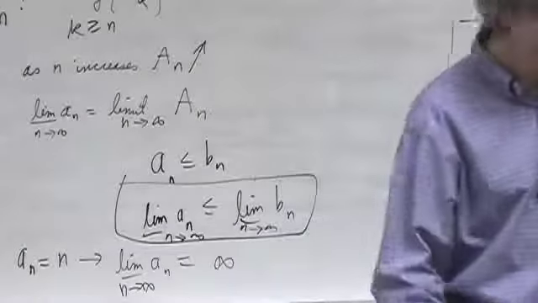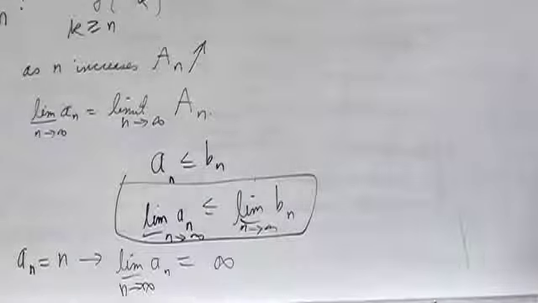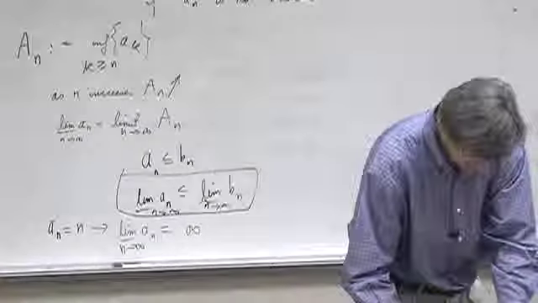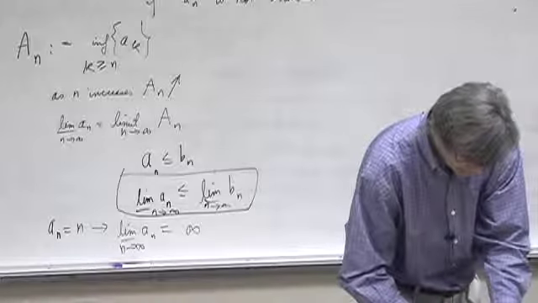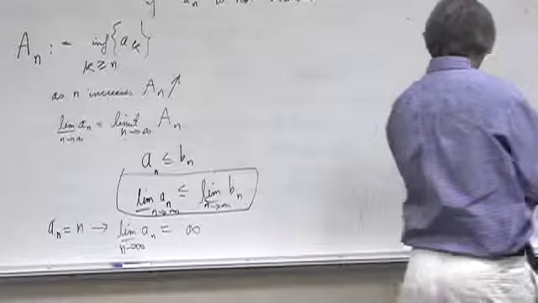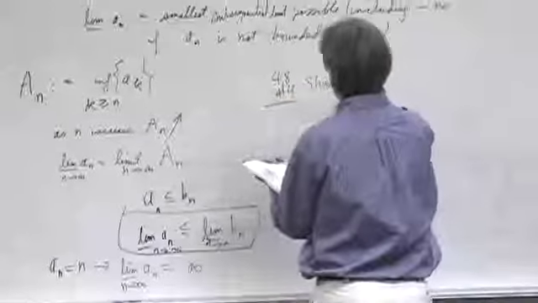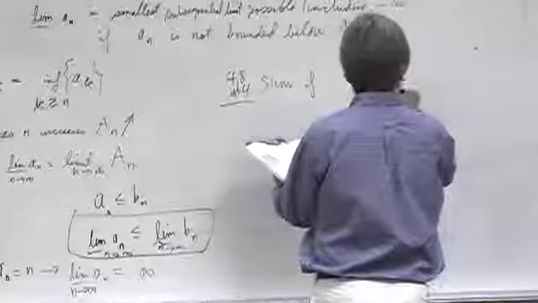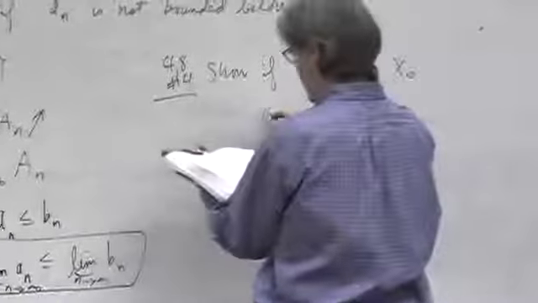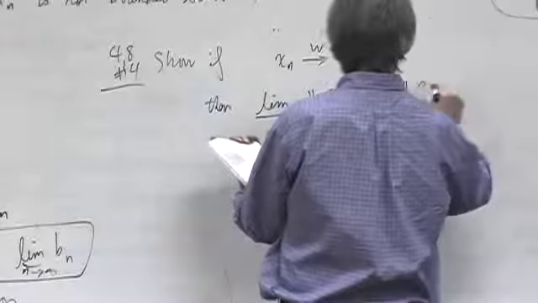The problem is to show that if x_n goes weakly to x naught, then the limit inferior of the norm of x_n as n goes to infinity is greater than or equal to the norm of x naught.